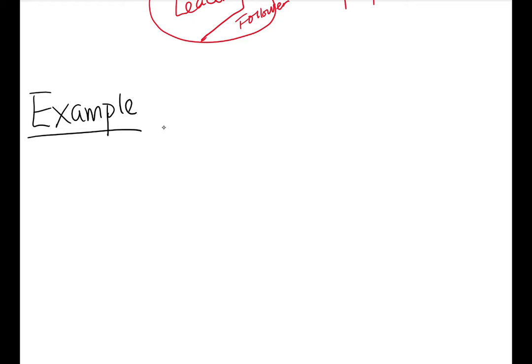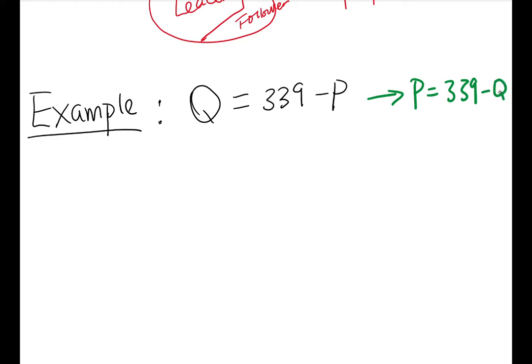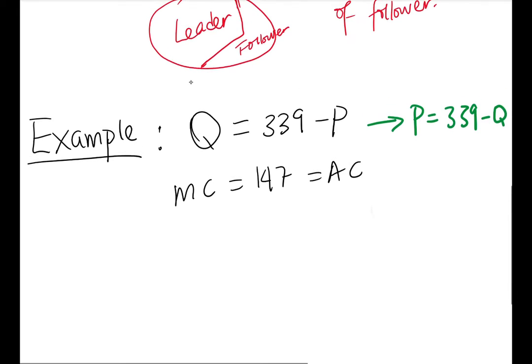From that example, we had that quantity for the market was equal to 339 minus price, which means that price is equal to 339 minus Q. We also know the marginal cost is equal to 147. Again, this is just an example that we were given, and we're just following this equation to compare the profit for the scenario where there's a leader and a follower versus the scenario where they're moving at the same time, so we can compare which reality is better and for whom.